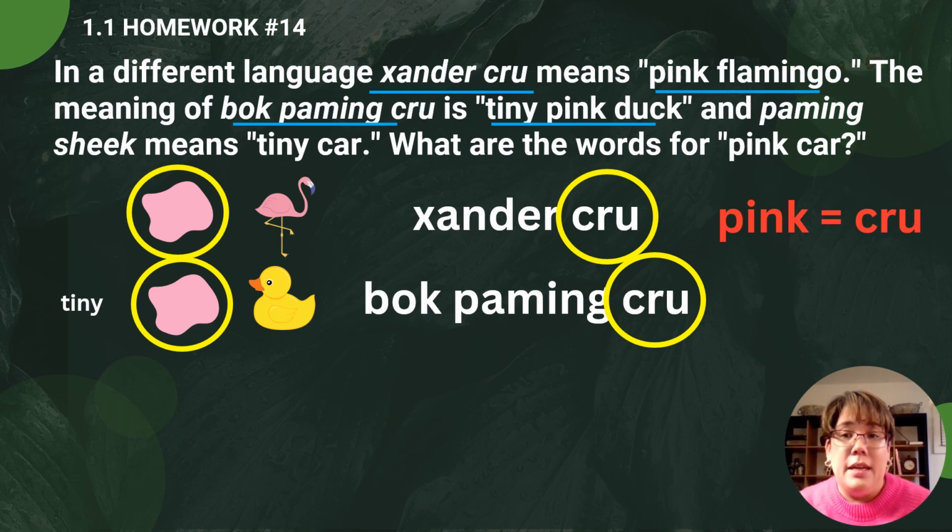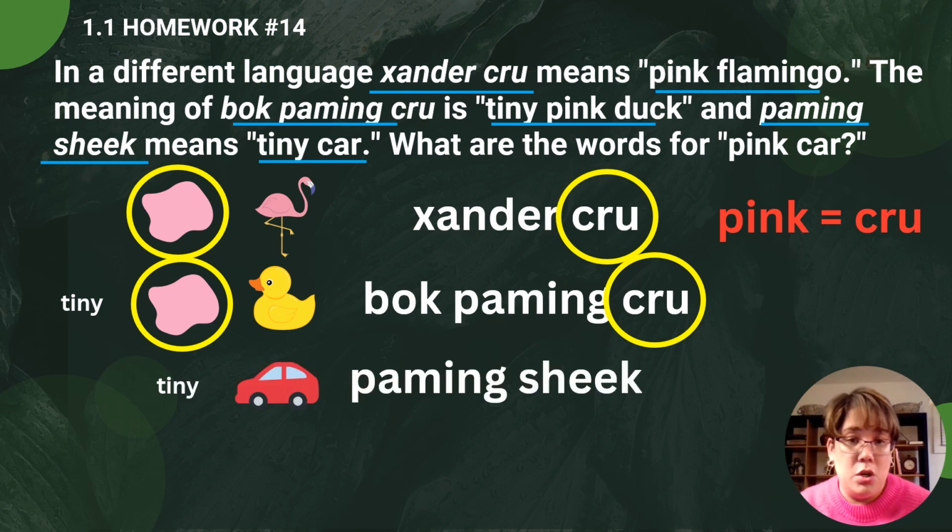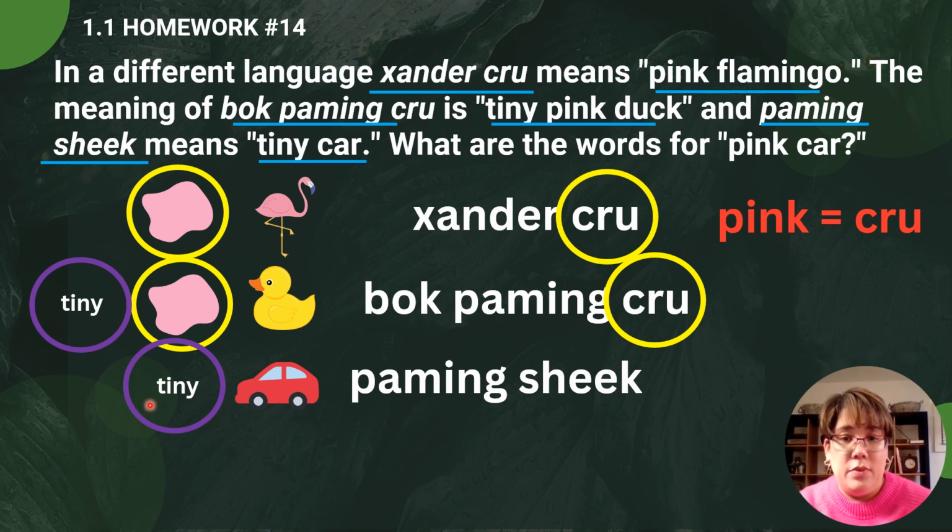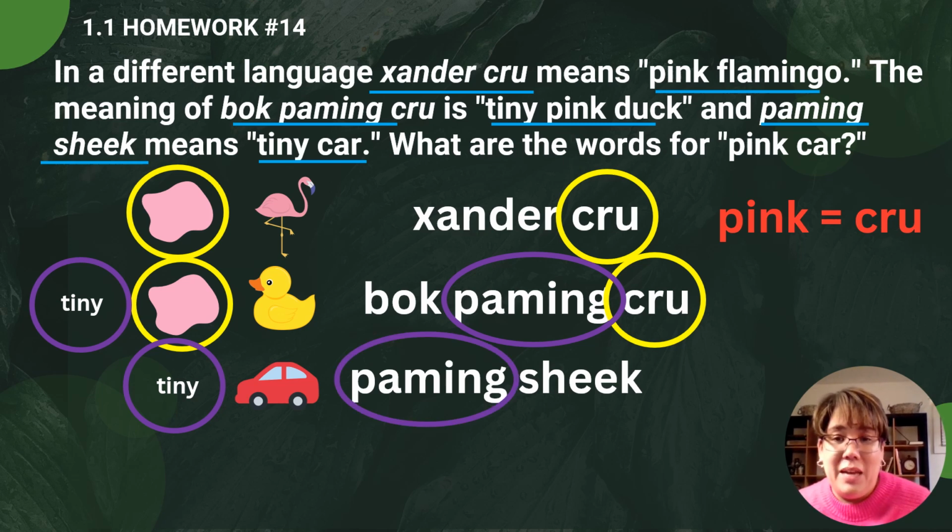Good. Now I'm going to keep going. Paiming chic means tiny car. All right, so let me get out some more tiny car. Okay, now I'm going to look for more similarities, and I see the word tiny. I got tiny here. Okay, so tiny, then I see this word paiming. So paiming has to mean tiny.